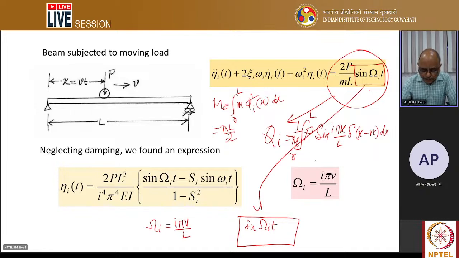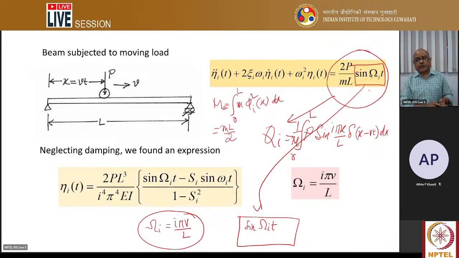So I pi V by L is plugged together and it is giving the frequency. So you can see the sine omega I t term is coming. Therefore, a constant moving load gives an oscillatory load that is just a harmonic function, and it is happening in the case of a simply supported beam. So in beam vibration, especially subjected to moving load, we use this concept to analyze the response and subsequent derivatives of the response and dynamic evolution.